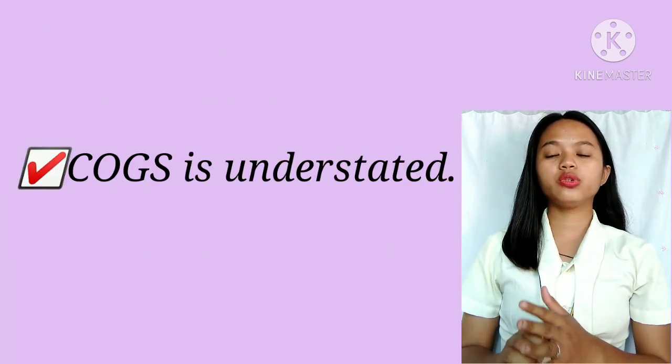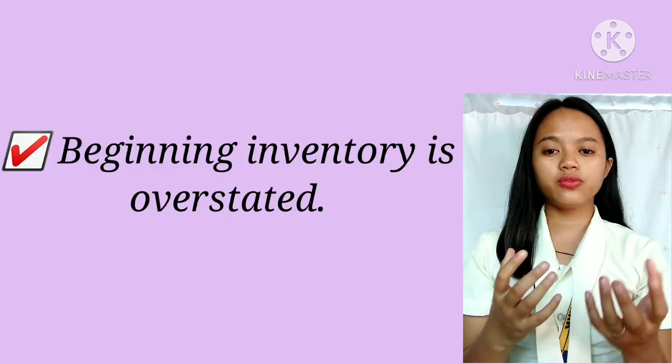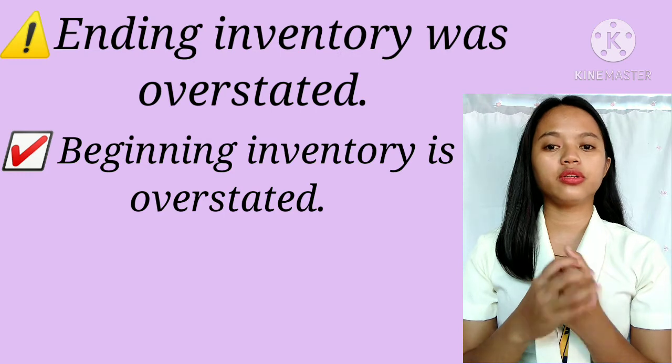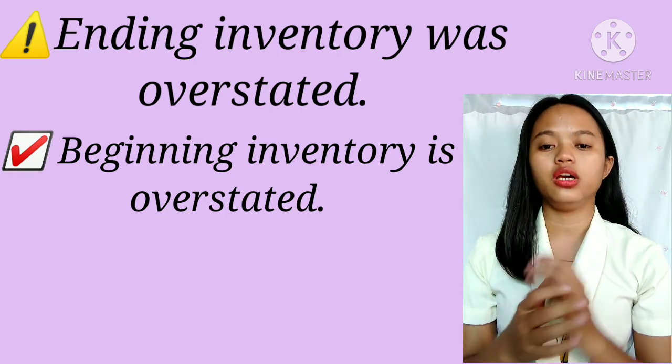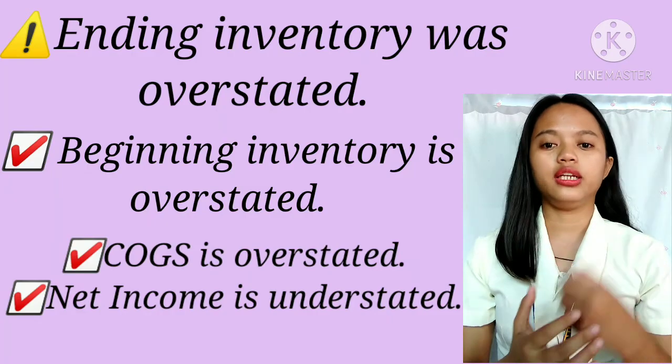There would be an understatement in the COGS, which would result in an overstatement in the net income. For the following year, the beginning inventory is overstated since the ending inventory in the previous year was overstated, which causes an overstated COGS and understated net income.